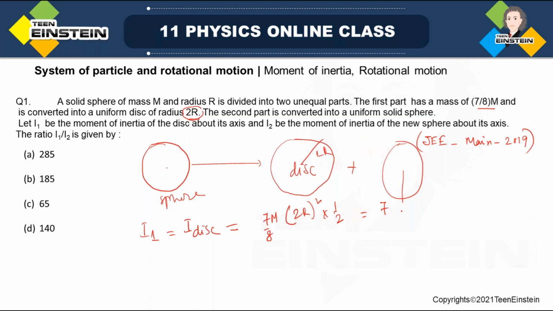So this is 7 over 8, into 4R square by 2. This 2 will cancel, and another 2 here, so we get 7 by 4 MR square.